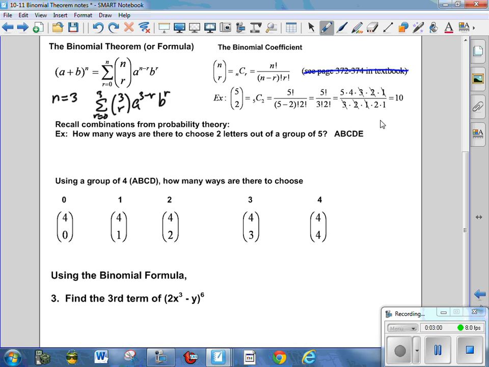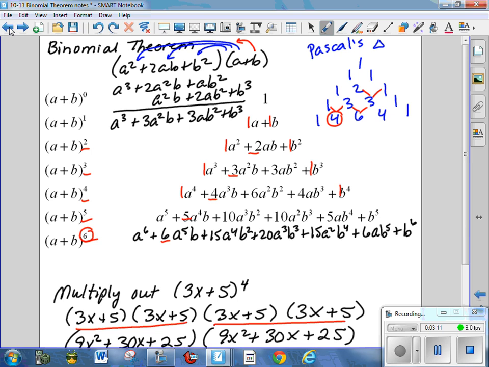So if you go back to your Pascal's triangle, this would be the third number in the row that starts 1, 5. Let's look back here for a minute. When n is 5, notice the third entry has a coefficient of 10.